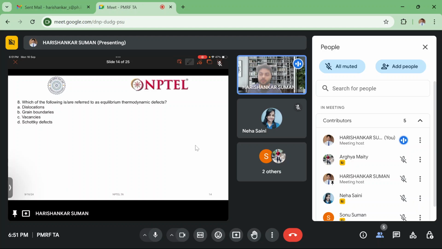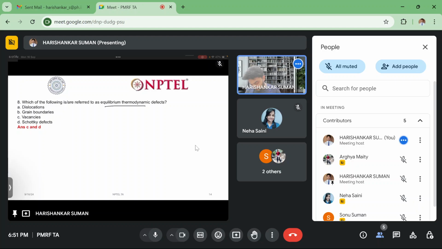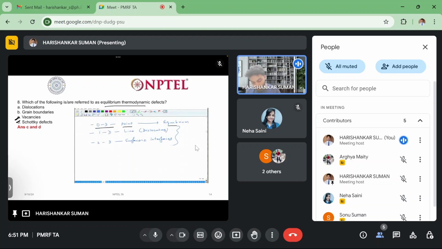Next, which of the following are referred to as equilibrium thermodynamic defects? Dislocation, grain boundaries, vacancies, Schottky defects. The answer is C and D. Why? These are zero D defects, so these are the equilibrium thermodynamic defects.